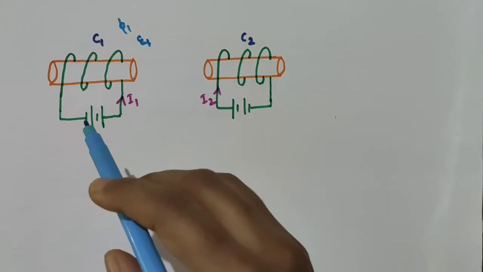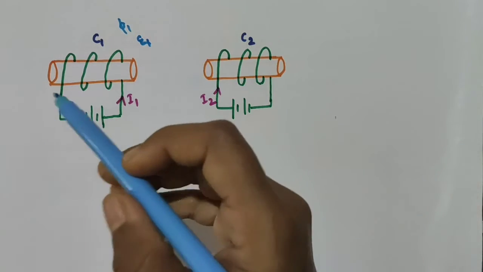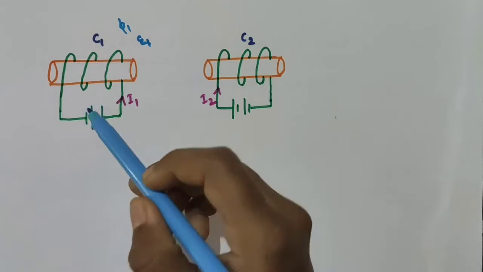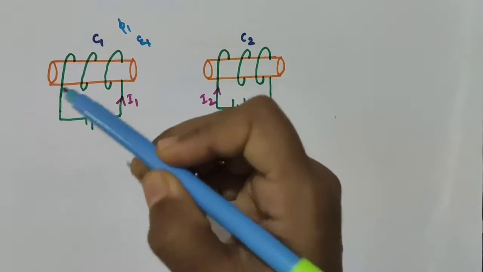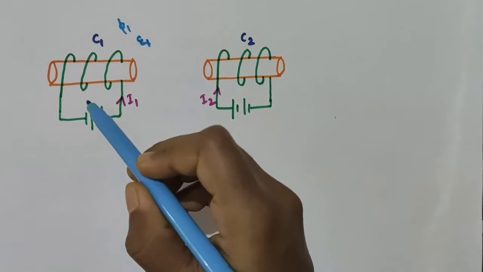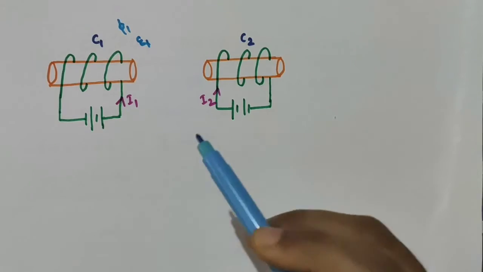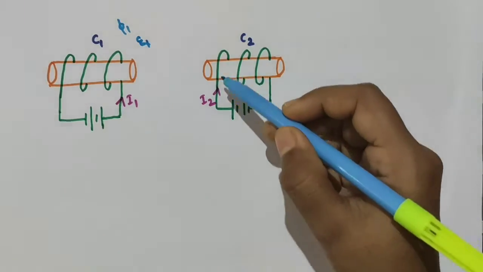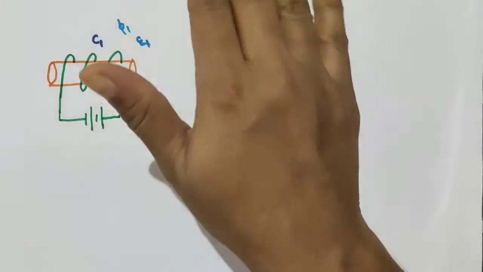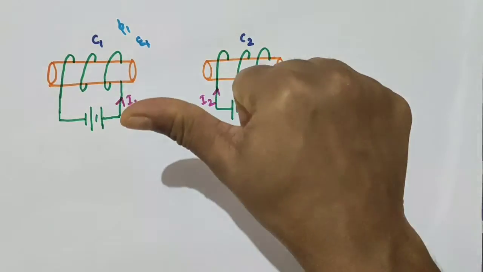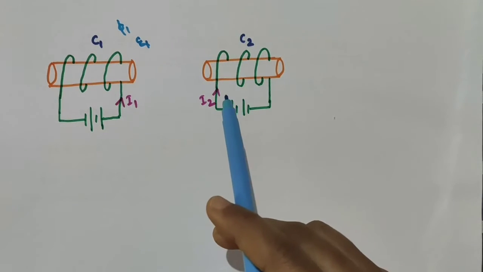So if you take the flux linked with this coil C1, there is a flux linked with this coil C1 due to the current flowing through this coil C1 itself. And there is another flux linked with this coil C1 due to the current flowing through coil C2. Because we know that when the current I2 flows through coil C2, there will be a corresponding magnetic field produced around it, and coil C1 is in the presence of that magnetic field.